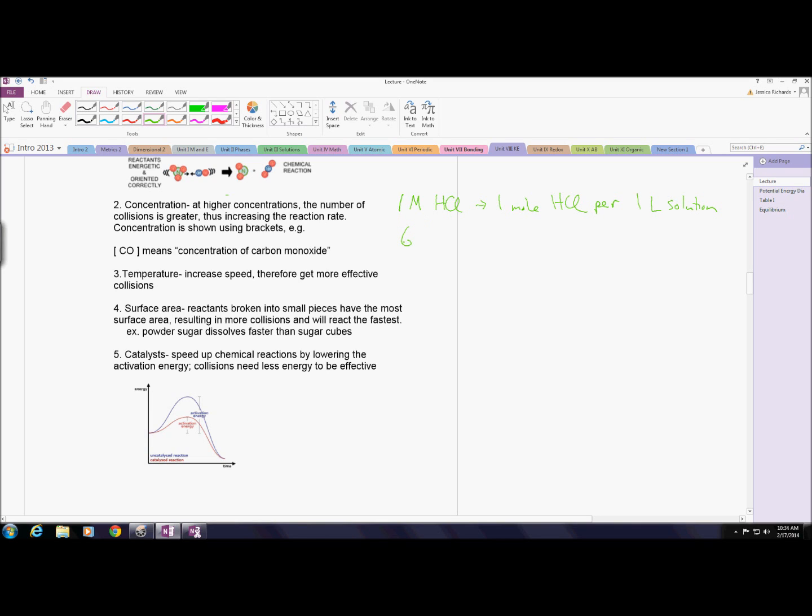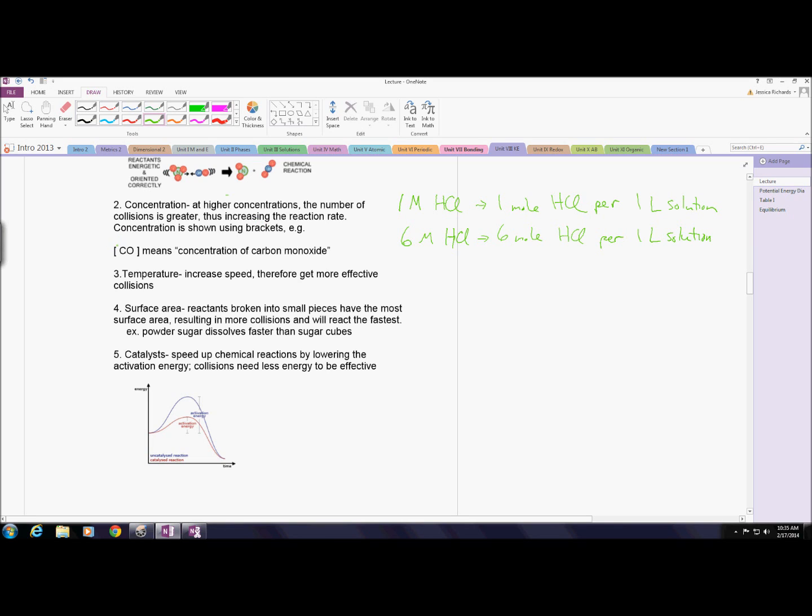But if I use 6 molar HCl, remembering that that means I now have 6 moles of particles in the same volume, I have more particles. They're going to be crowded together. If there are more pieces crowded together, you're going to get more collisions, and you greatly increase the odds that your collisions are facing in the right direction, because the more pieces collide, the greater the odds are they're going to match up the right way. So the more concentrated it is, the faster the reaction rate.